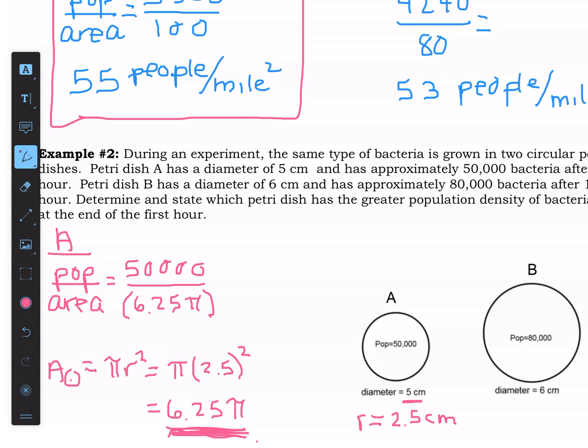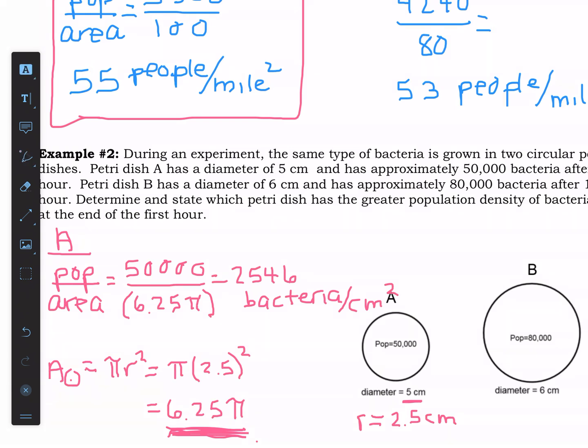So please remember to do that. So when we do that, if I round it, we get 2,546 bacteria per centimeter squared. Okay, so that is for Petri dish A.